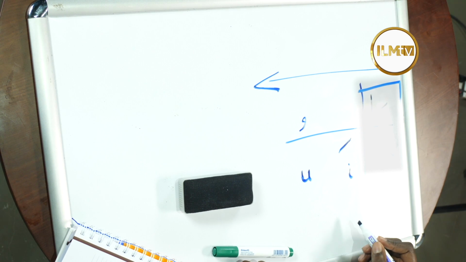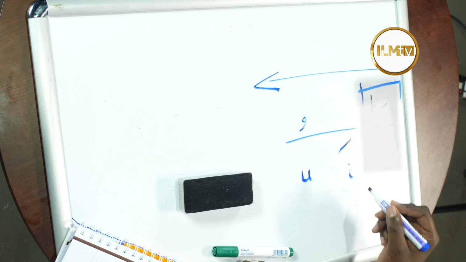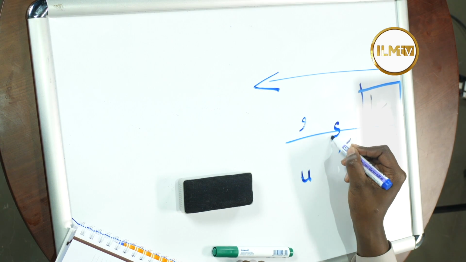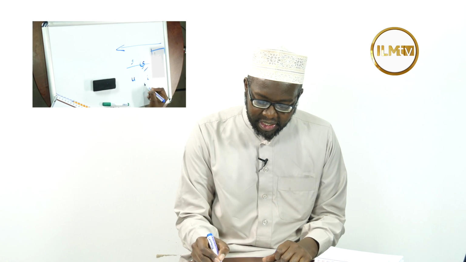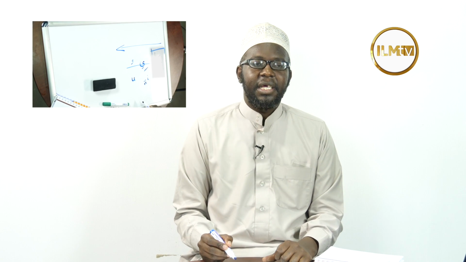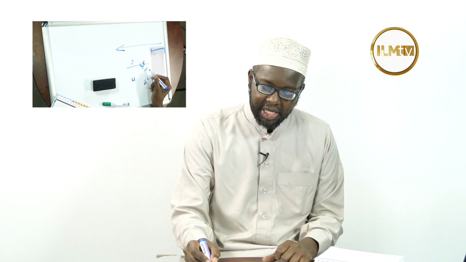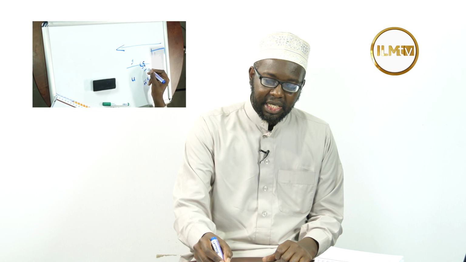Okay, let's put that in a box. Next we have i as a short vowel. The longer one is written that way. And we read it ii.